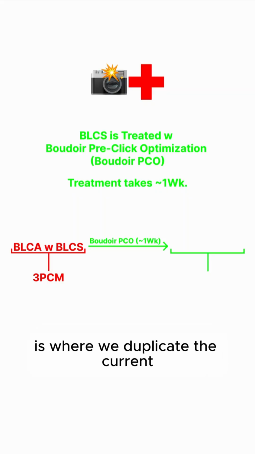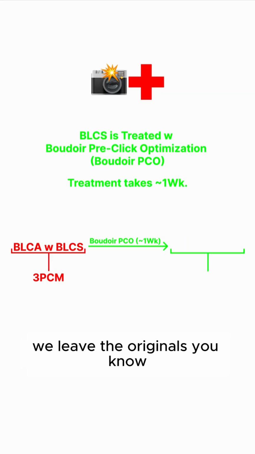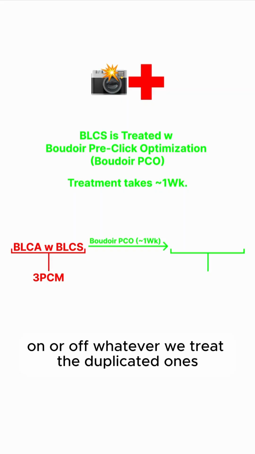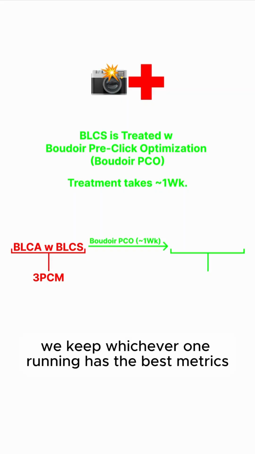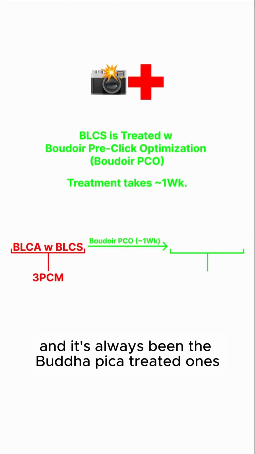This is where we duplicate the current boudoir Facebook ads and we treat the duplicated ads. We leave the originals on or off, whatever. We treat the duplicated ones, and at the end of the week, we keep whichever one running has the best metrics. And it's always been the boudoir Pico treated ones.